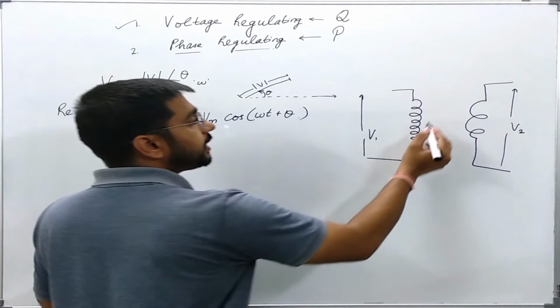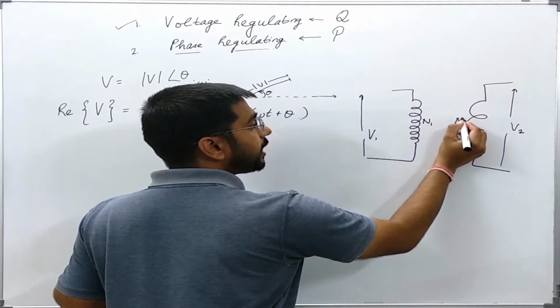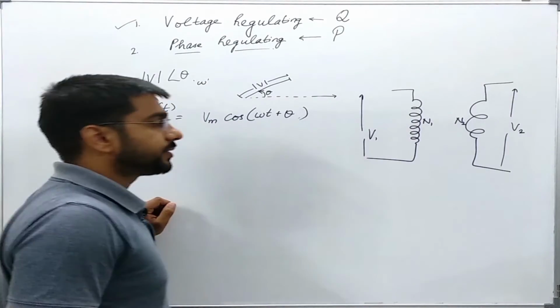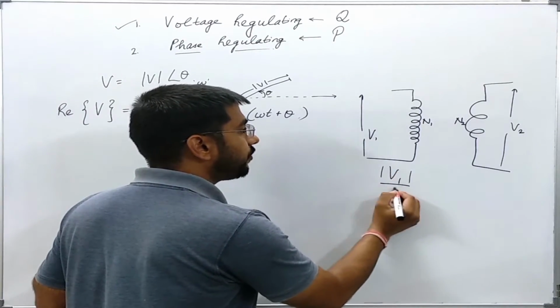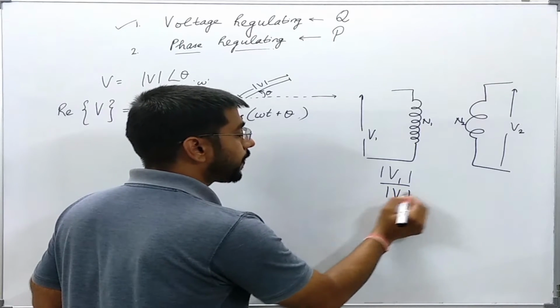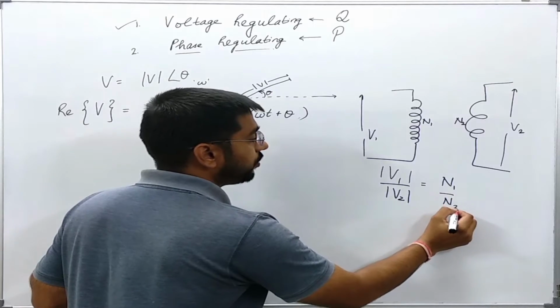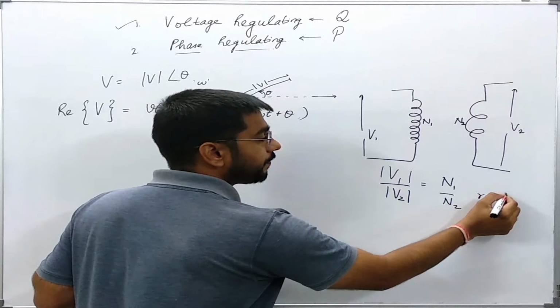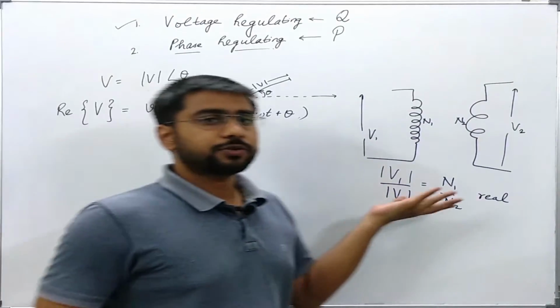Now let us say its turns are N1 and N2, the number of turns. Now we know that V1 magnitude over V2 magnitude is given by N1 over N2, which is a real quantity, because magnitudes are real, so its ratio is also a real quantity.